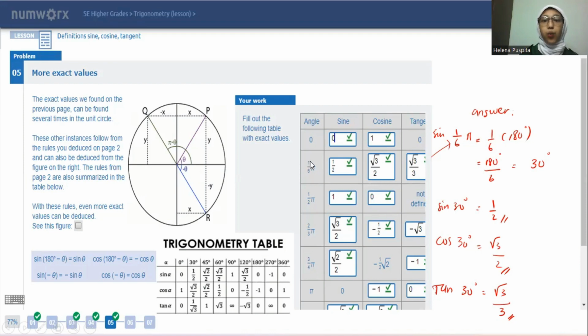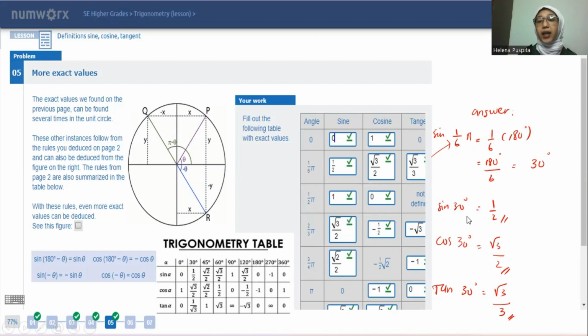And then 1 over 6 π: 1 over 6 π equals 1 over 6 times 180 degrees, since π is 180 degrees, equals 180 degrees over 6 equals 30 degrees.